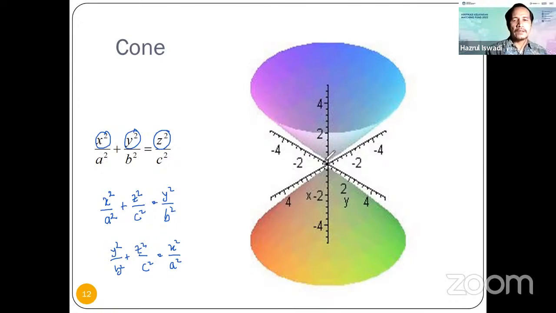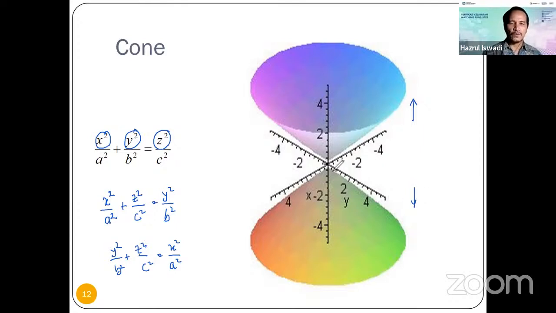A cone must have two shapes, one going to positive z and also one going to negative z.